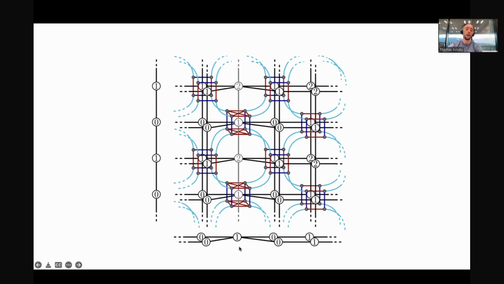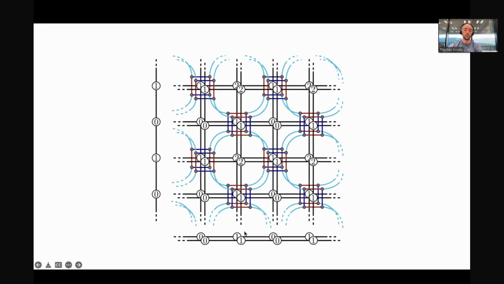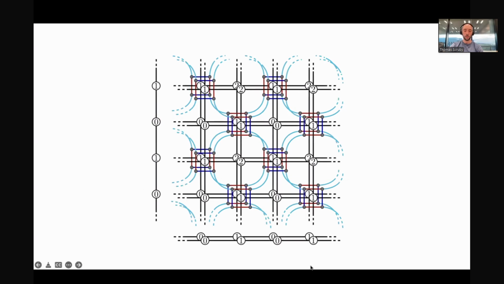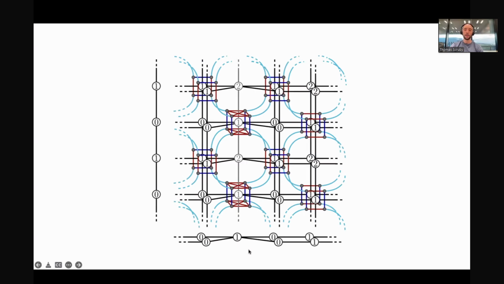So gluing these two vertices in the input graph and then taking the hypergraph product is the same thing as taking the hypergraph product of these two and then gluing them to get this thing.